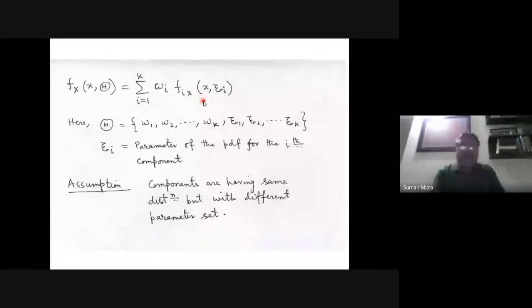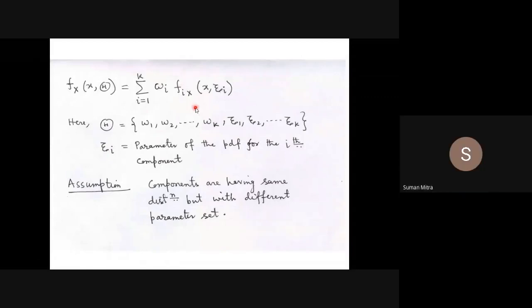So if it is an n-variate distribution, then mu1, mu2, to mu_n form the mean vector. There are k such mean vectors, so n into k values.